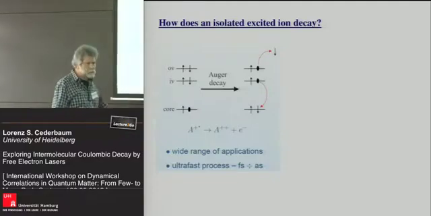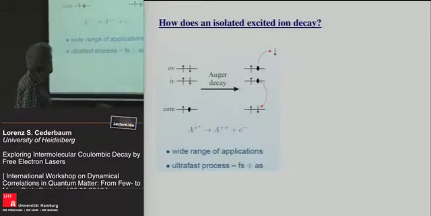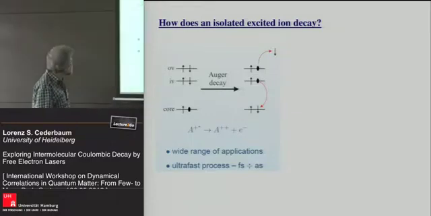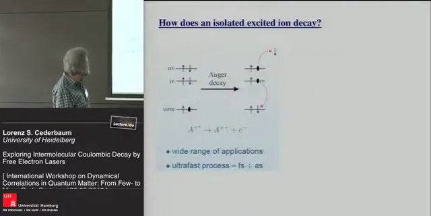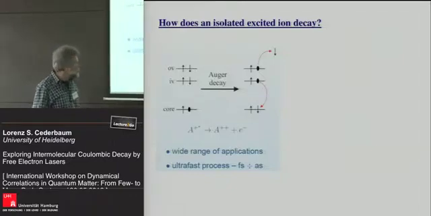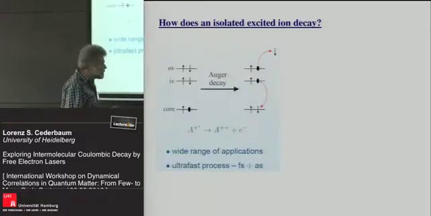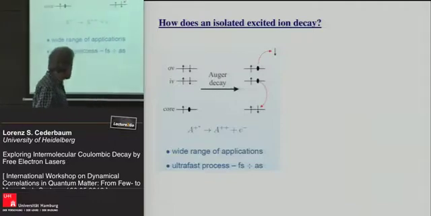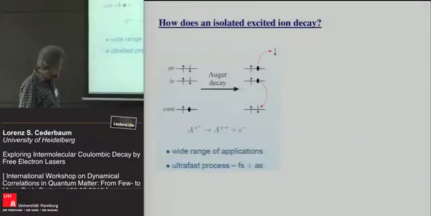I'm not talking about very heavy elements where you have X-ray emission and who knows what kind of cascades. I want to keep it short. In Auger decay, one electron falls into the vacancy, fills the vacancy, and another one flies out. This has a wide range of analytical applications, and it's a very fast process, one of the fastest we know, femtosecond, even into the sub-femtosecond regime.